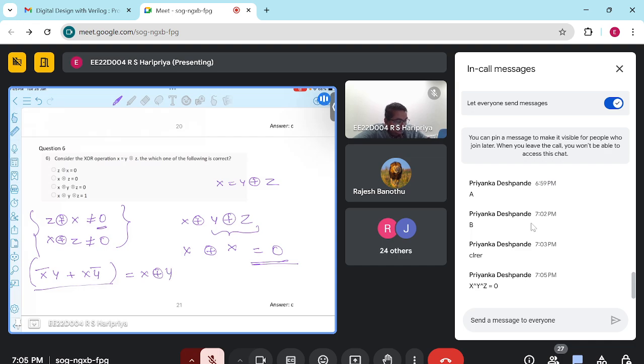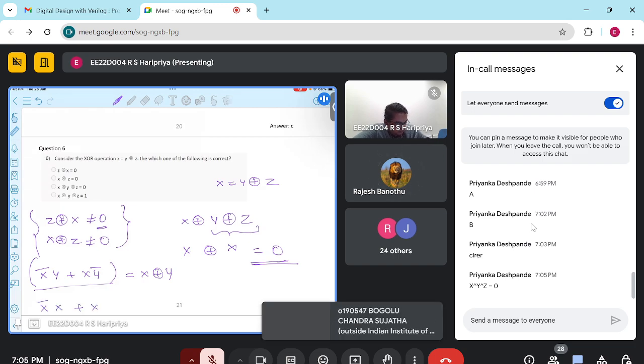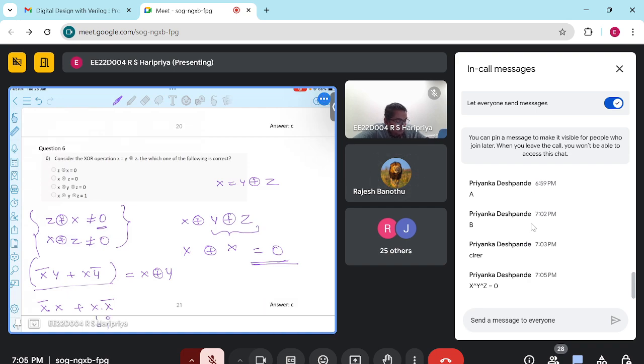So if you apply this, what is this? 1 AND with 0 or 0 AND with 1. It is equivalent to 0. Yes, the correct answer is option C.